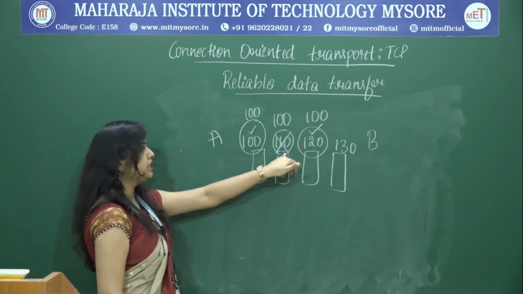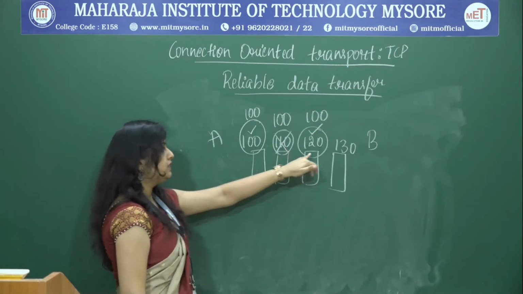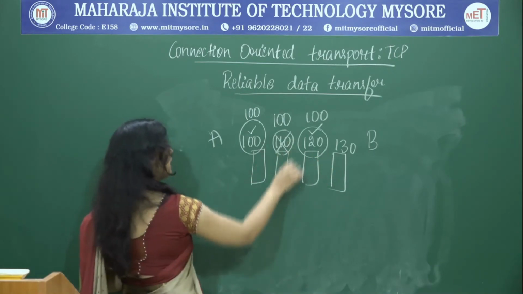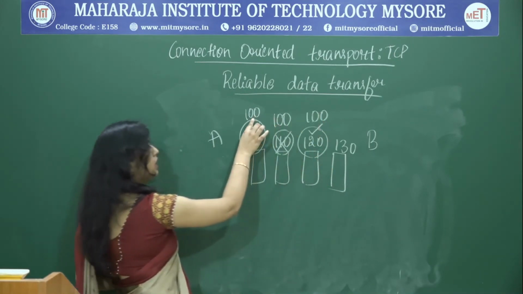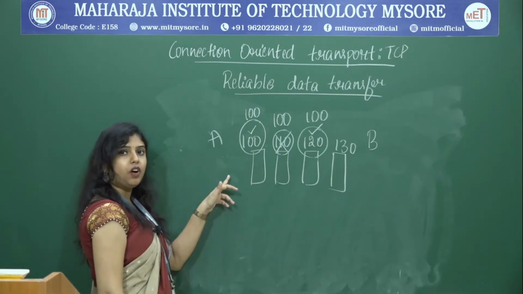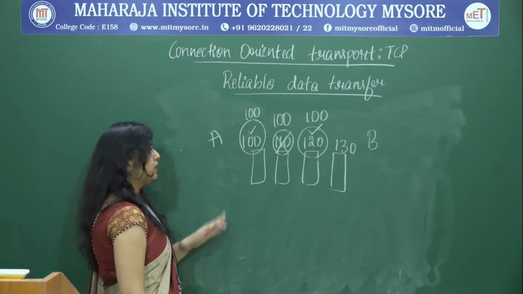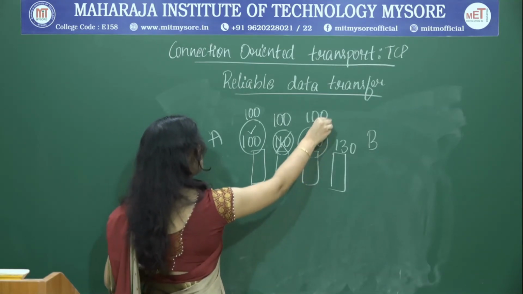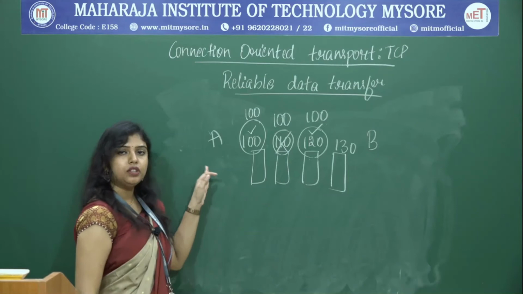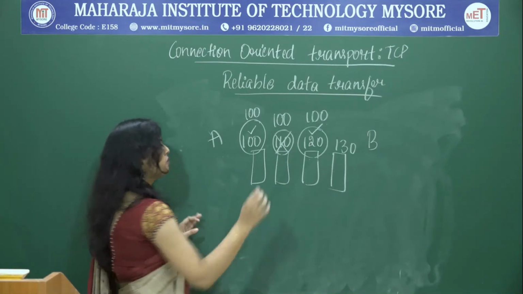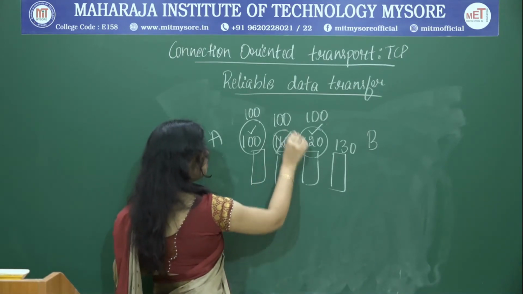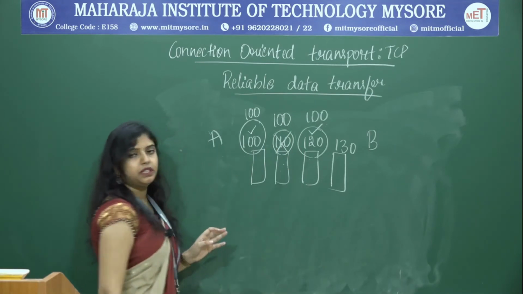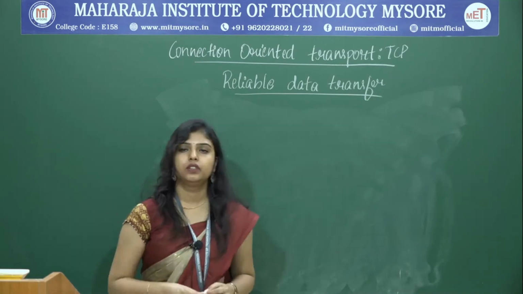Even though it has received the recent packet, since this one was missing, it will send the sequence number of the last correctly received, in-order packet only. So, when host A receives this acknowledgement before timeout, it can make out that packet 110 was not correctly received and it has to retransmit that packet again.